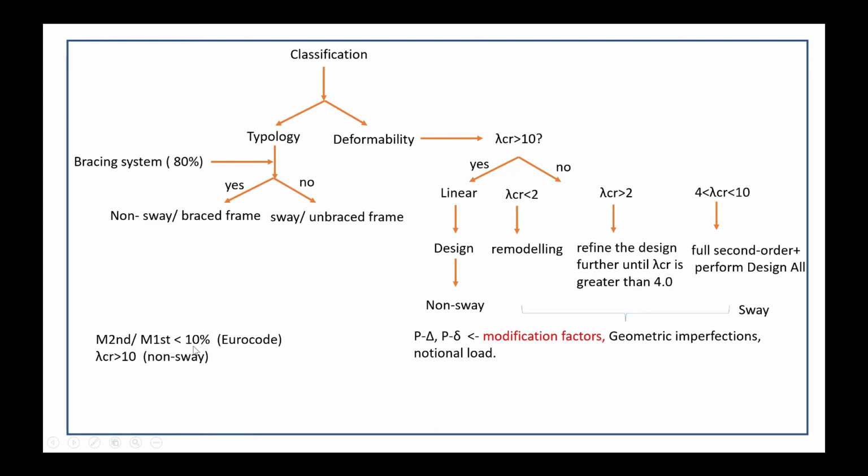If lower than 10%, this structure is braced or non-sway. If lambda critical is greater than 10, you can classify it as non-sway, classifying according to the moment and lambda critical. Otherwise, if lambda critical is lower than 10, you have to check the range of lambda critical.